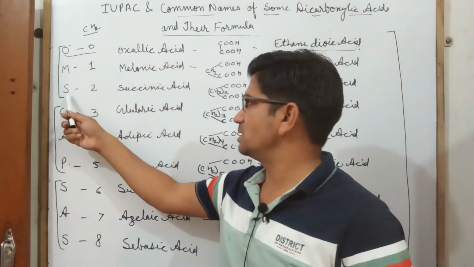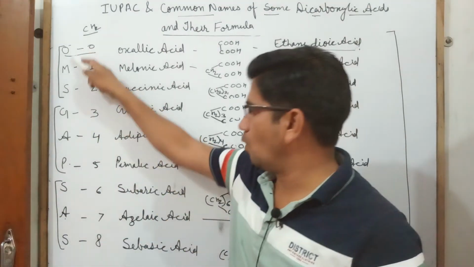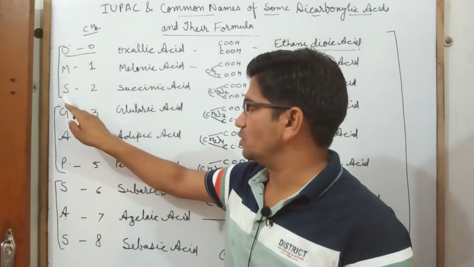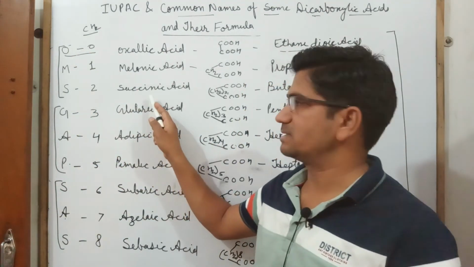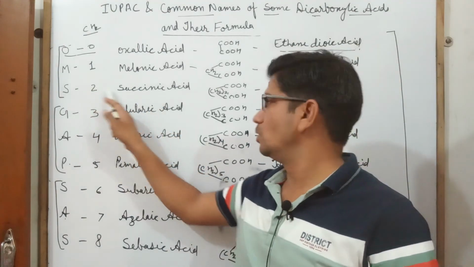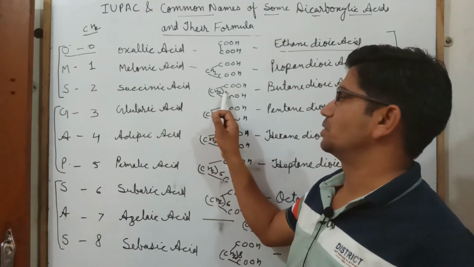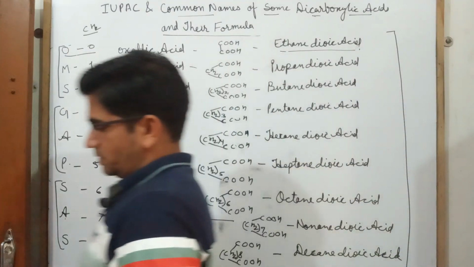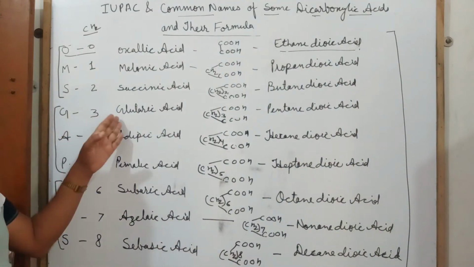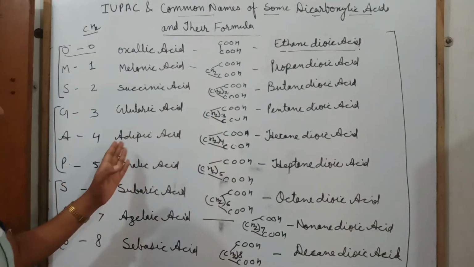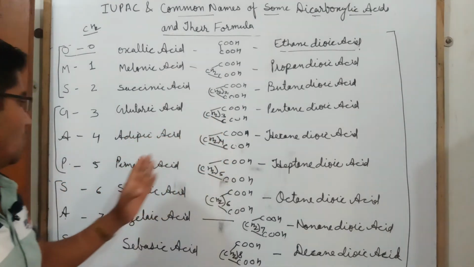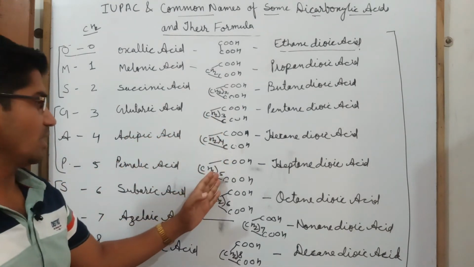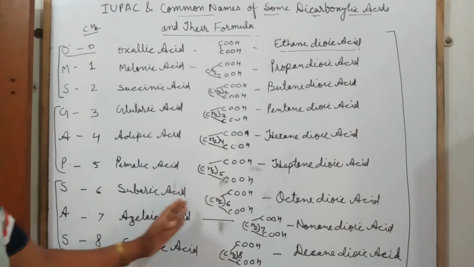Next is succinic acid. In Ohm's gap SAS, this S means succinic acid, and the number of CH2 will be 2, so COOH, CH2 twice, COOH. Likewise, in glutaric, the number of CH2 will be 3. Adipic, 4. Pimelic, 5. In suberic, 6.